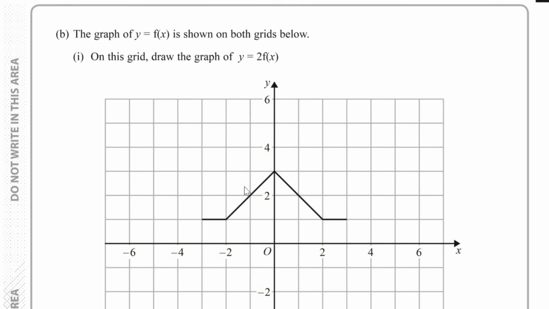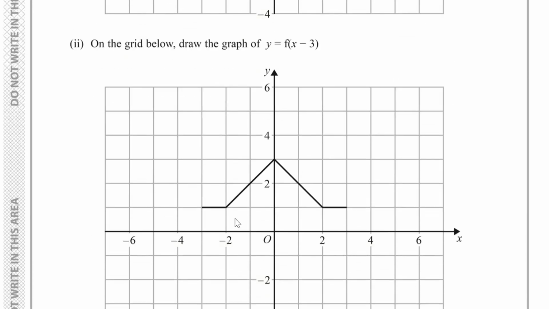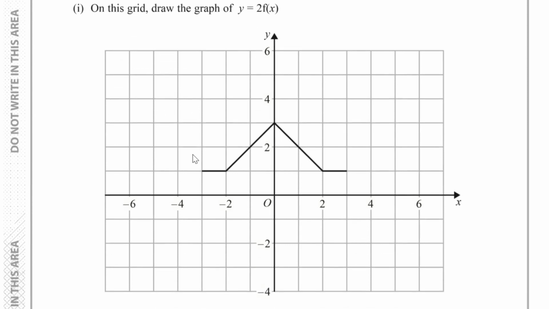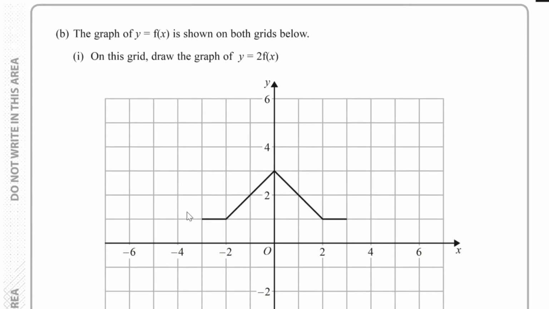Now for part B, for the first part, the graph of y equals f of x is shown on both the grids here, and we have to draw the graph of y equals 2 lots of f of x. Well, here we're stretching by a scale factor of 2 in the y direction, so the x coordinates aren't changing. So each y coordinate we're going to multiply by 2. So here 1 times 2 is 2, so is this. 3 times 2, that's 6.